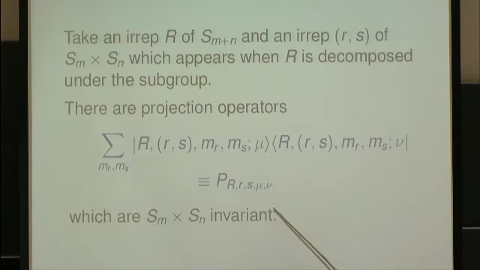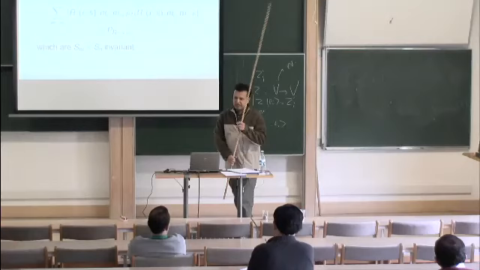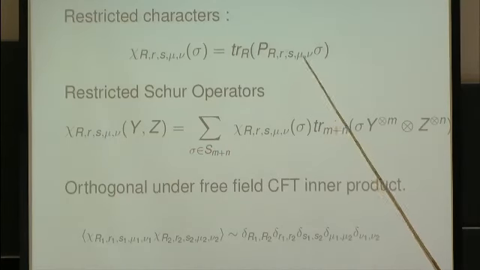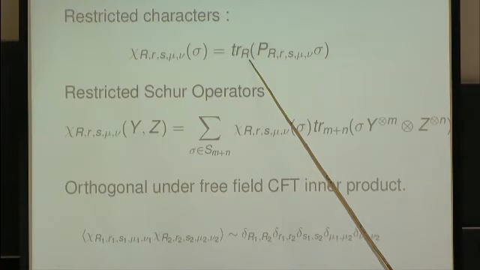That's why I get something which is Sm cross Sn invariant. But I also have these multiplicity labels, which is how many times this rep Rs of the subgroup appears in the rep R of the big group when I decompose. So this gives me a projector which is associated with this decomposition, and it's an operator in the space R.